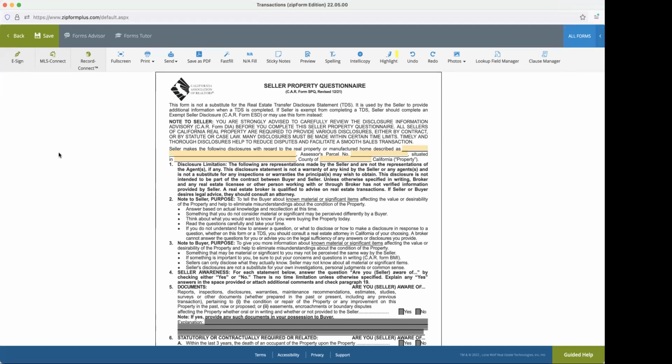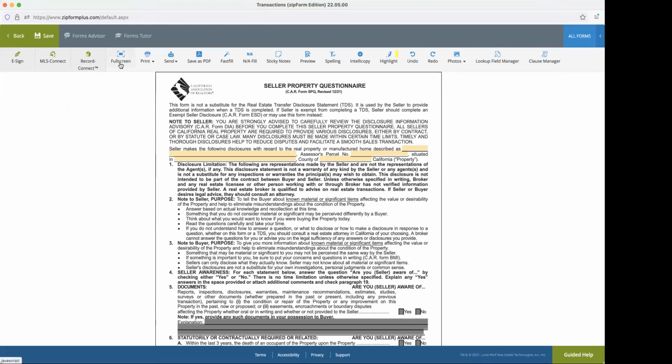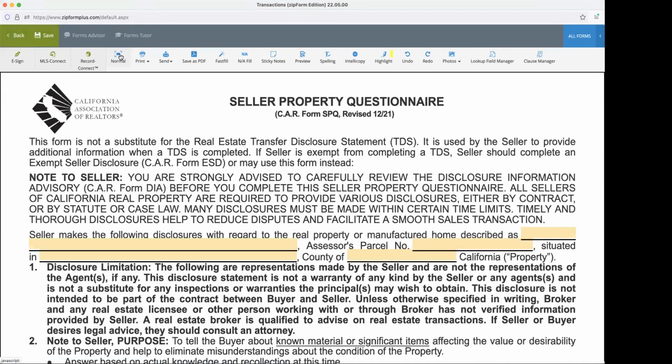Got it. I see your cursor is right on the left side of the page. Can you go to the top left, where it says eSign, MLS Connect, Record Connect? Can you hit full screen, that fourth one? See what happens? Here you go. That's what I meant.